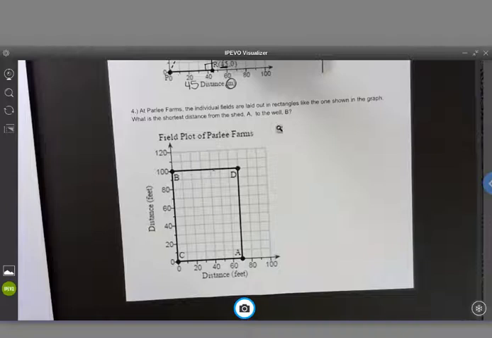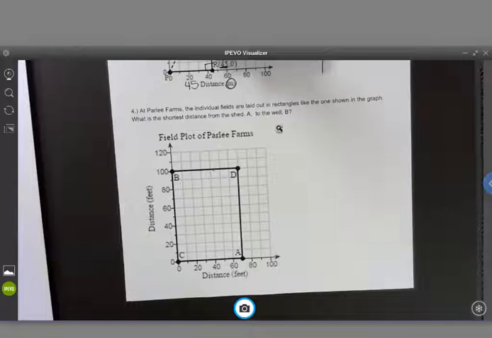This last one says, at Parley Farms, the individual fields are laid out in rectangles like the one shown in the graph. What is the shortest distance from the shed, which is at point A, to the well, which is at point B? So they want to know the shortest distance.